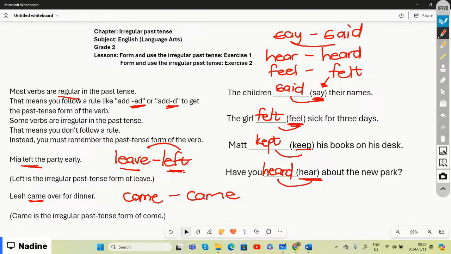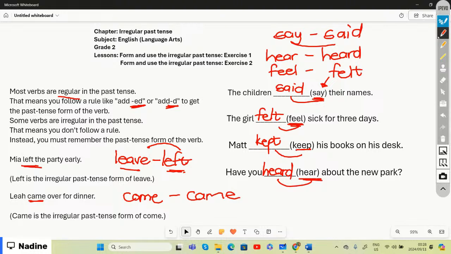So the wording changes. You are going to have to remember the past tense form of the verbs, because I cannot say, okay, add this, remove that. The wording just changes. So you are going to have to remember the irregular past tense form.